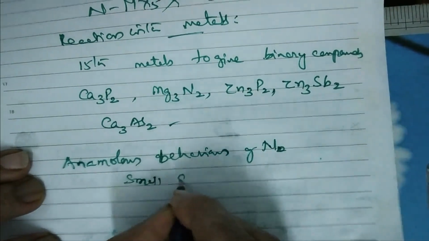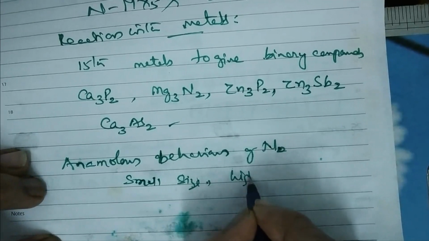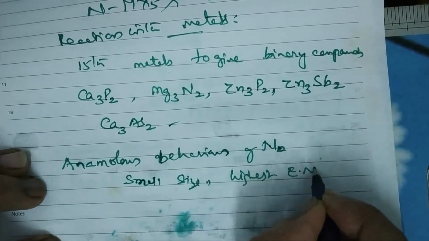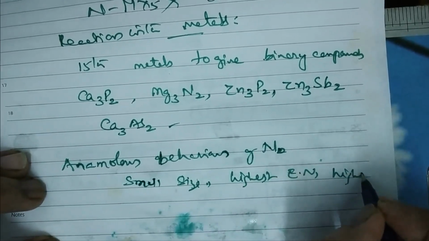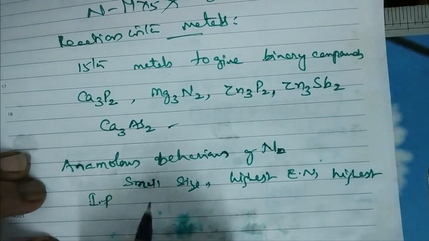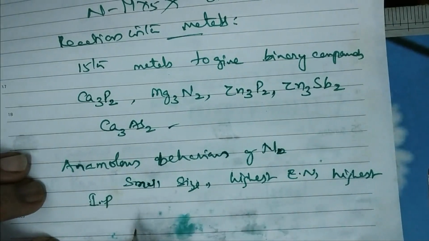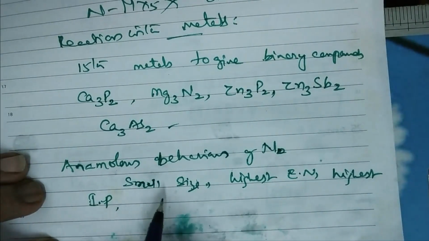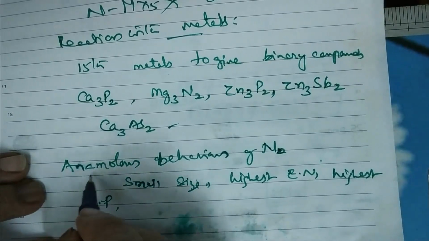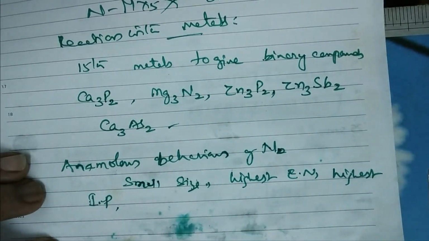When it has small size, it has the highest electronegativity and highest IP value. Due to this small size, the first element has the highest IP value and the highest electronegativity value. So that is one of the main reasons for the anomalous behavior of nitrogen.